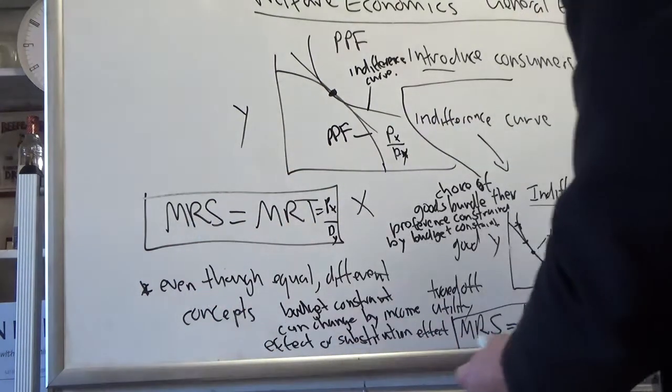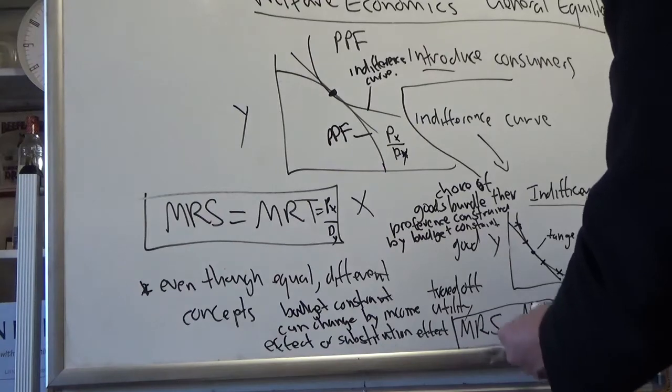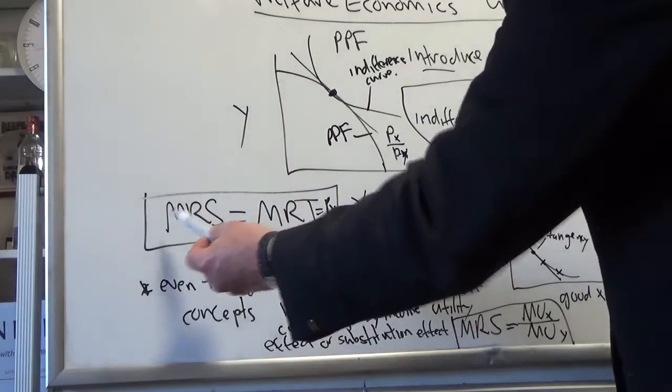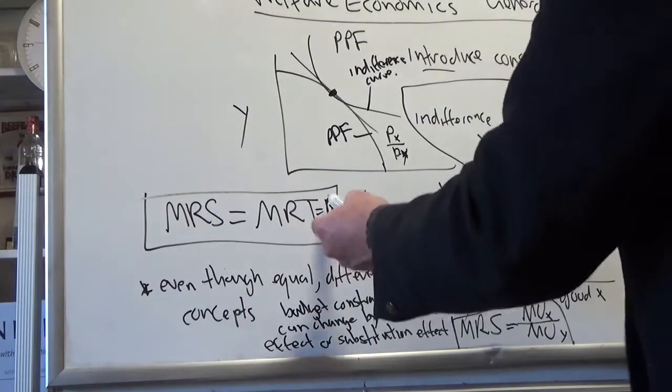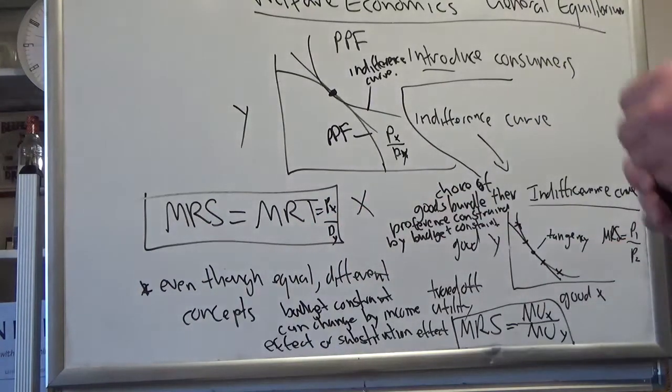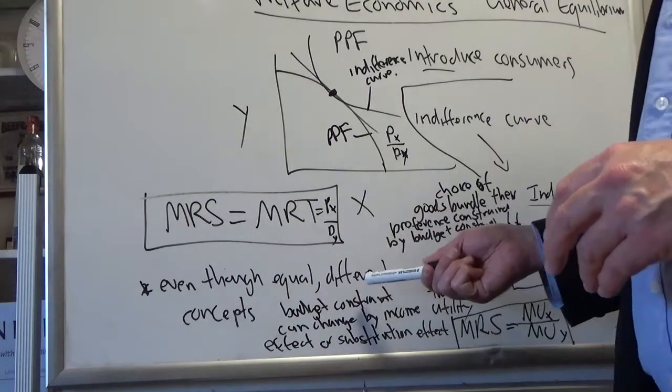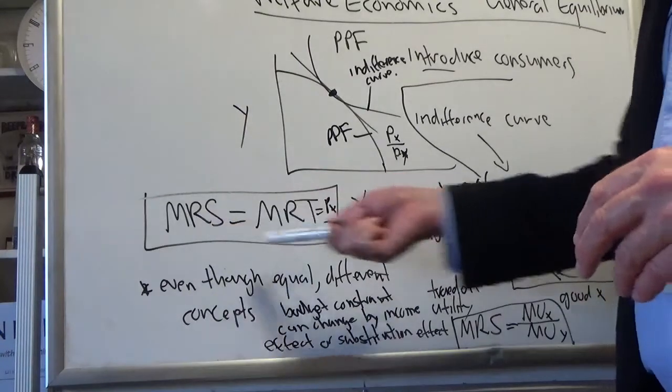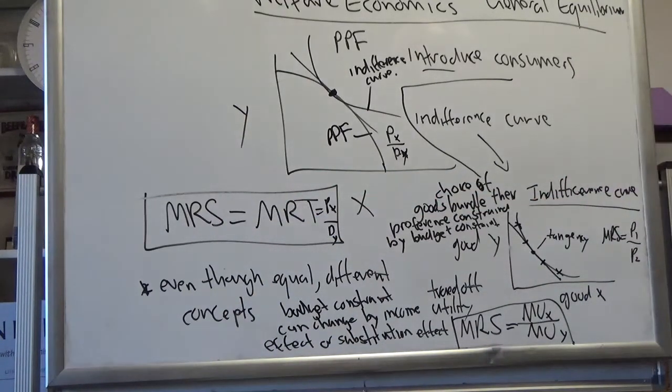Marginal rate of substitution is a trade-off with consumers' utility. Those two are equal and equal to the price ratio, but even though they're equal, these are different concepts. So don't be confused between the two.